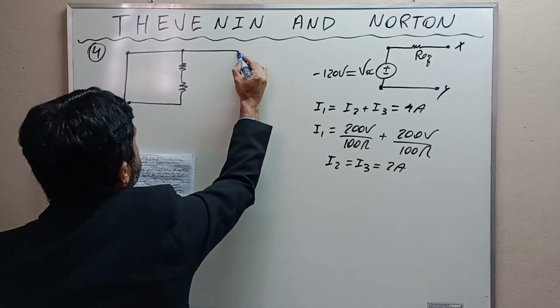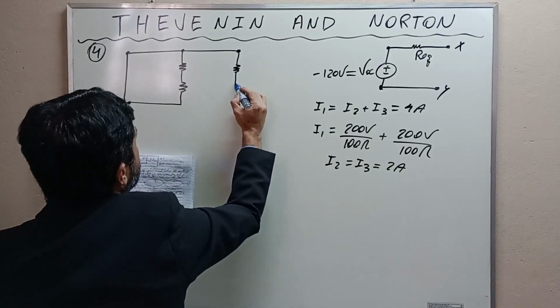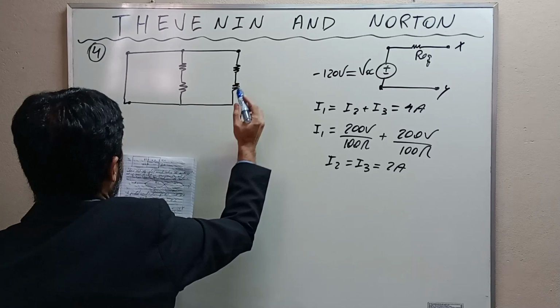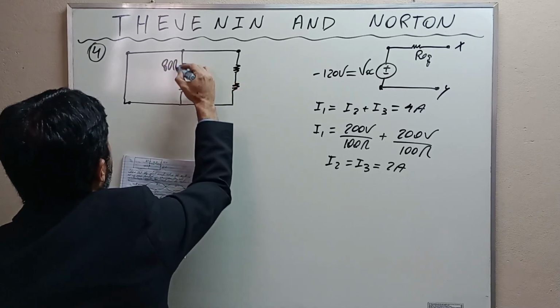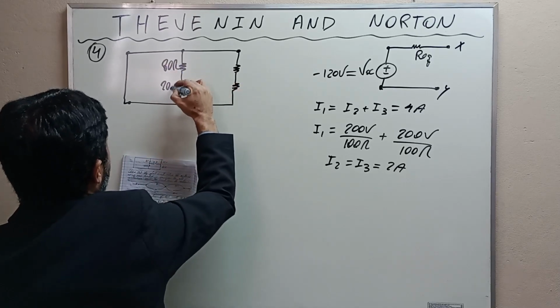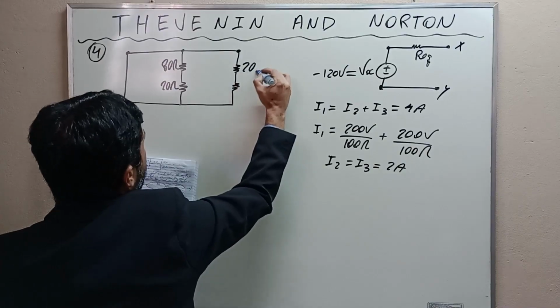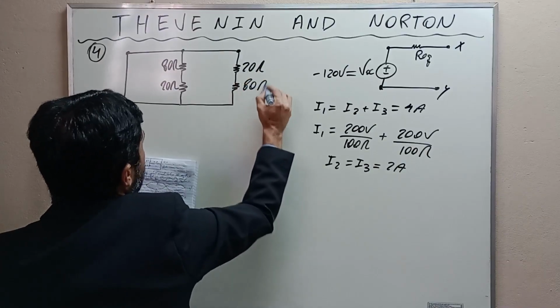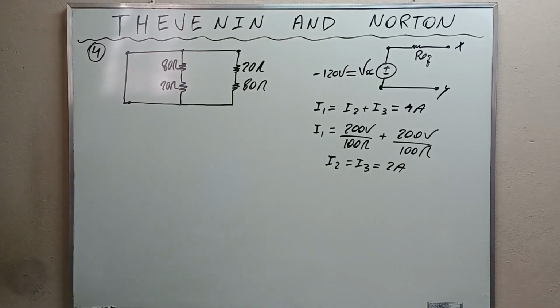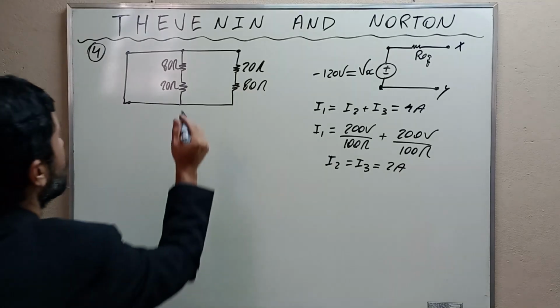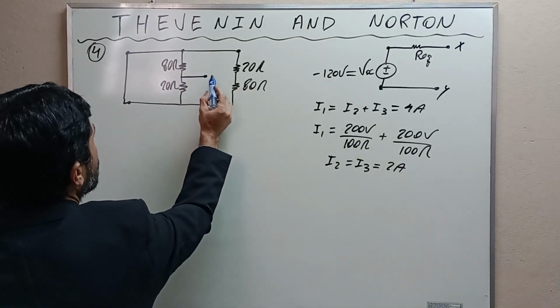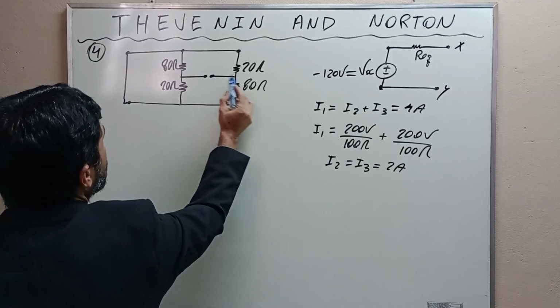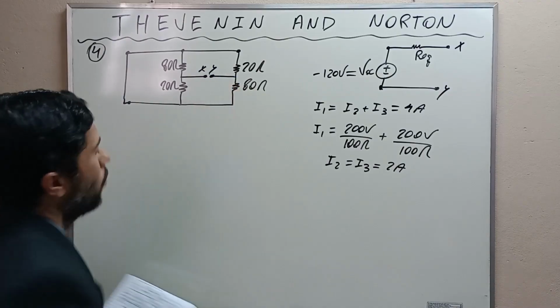And here this is 80, this is 20, this is 20, and this is 80, okay? This is X and this is Y.